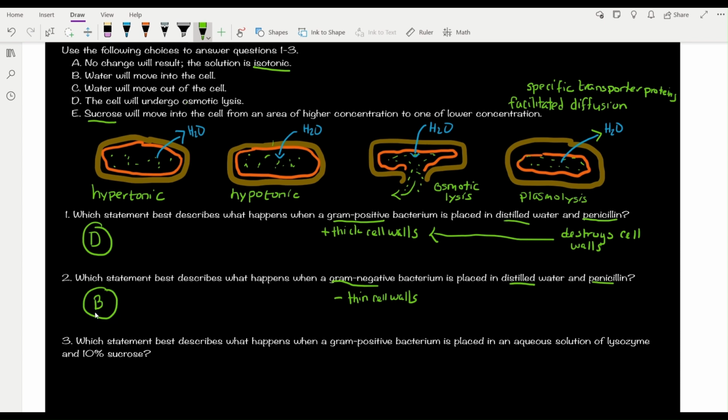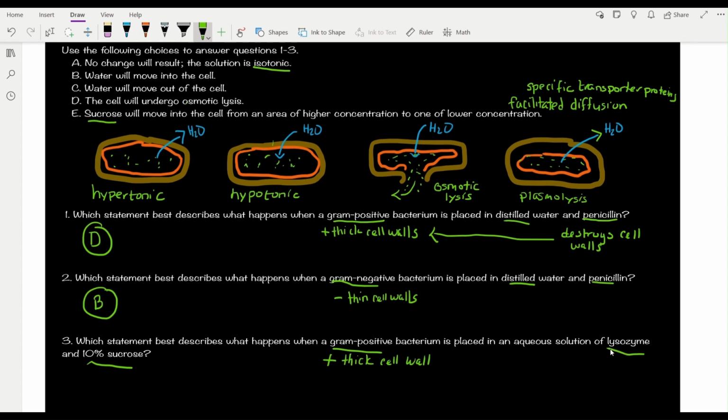Number 3. Which statement best describes what happens when a gram-positive bacterium is placed in an aqueous solution of lysozyme and 10% sucrose? Well, we know from above that our gram-positive has a thick cell wall, and it's an aqueous solution of lysozymes.